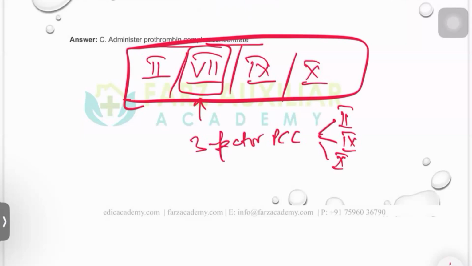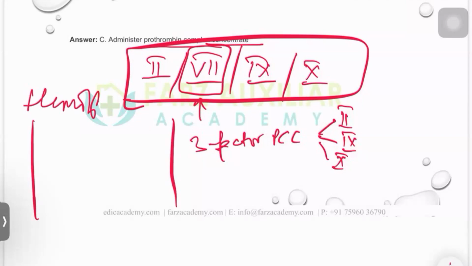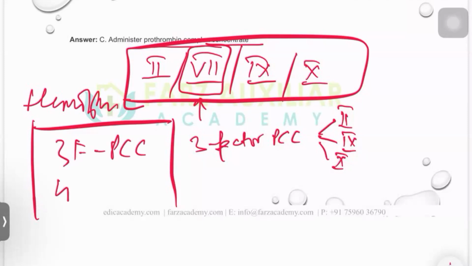So acute major bleeding due to warfarin, we have to use this. And also you can use it in, now the beautiful thing is, if there is a question on hemophilia bleed, and the options are 3-factor PCC and 4-factor PCC, what will be the answer?